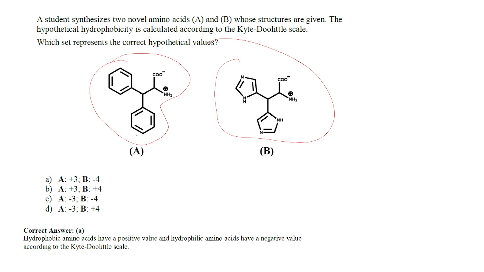First one, A, is hydrophobic, right? So it should have a positive value. B is hydrophilic, so it will have a negative value. So option A is correct, right?